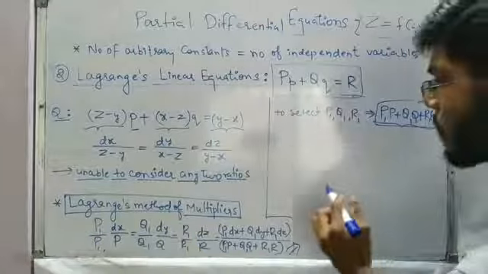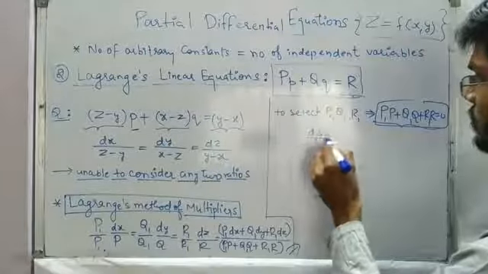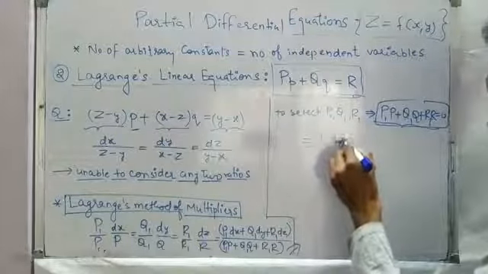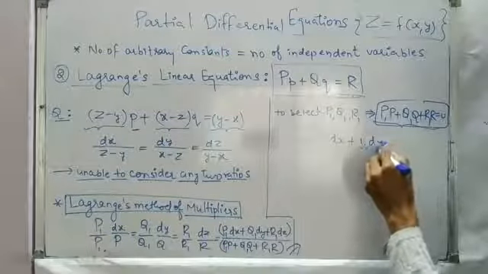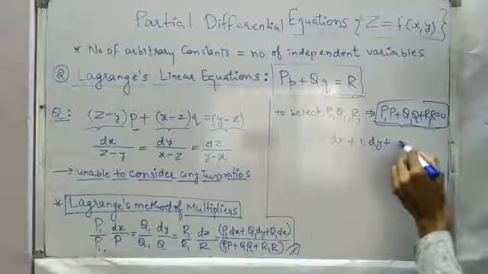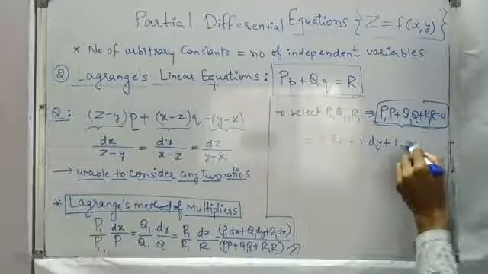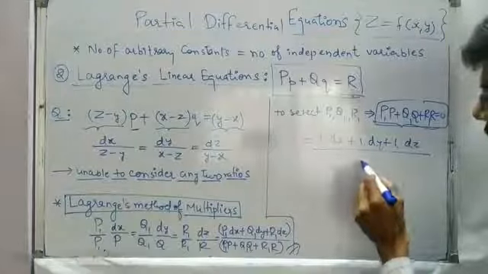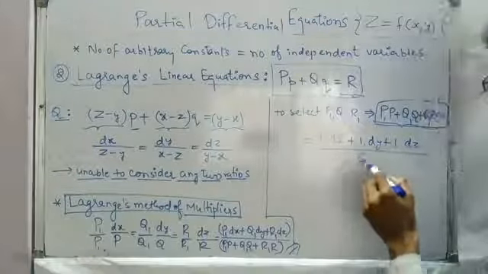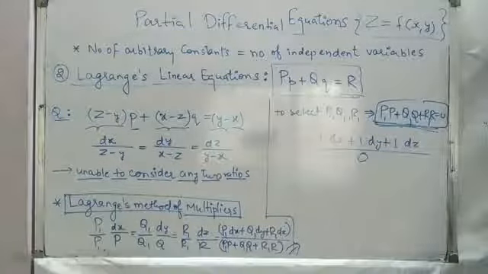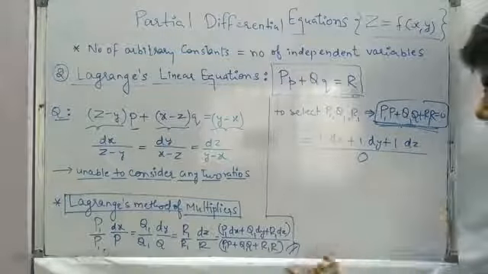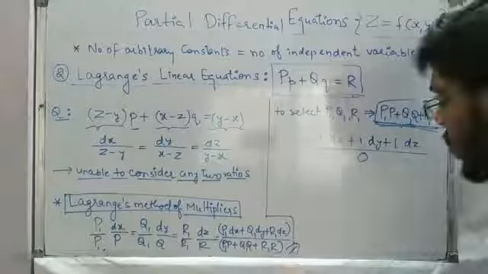So we have the equation p1 dx plus q1 dy plus r1 dz divided by p1 P plus q1 Q plus r1 R. That denominator we have already taken as 0, and only then are we able to decide the values of p1, q1 and r1.